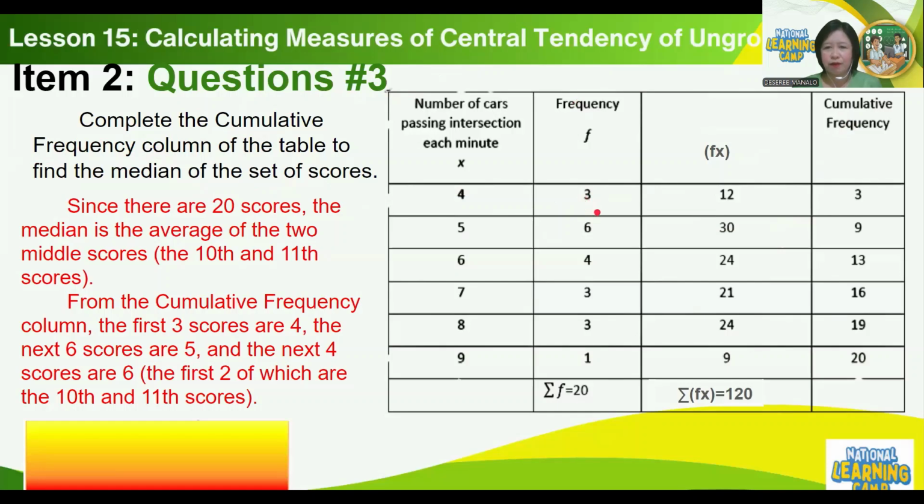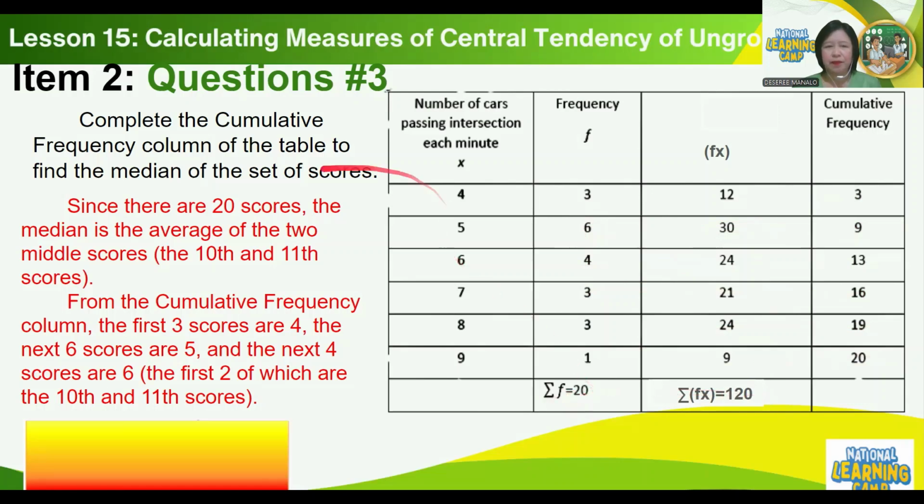Start from 3, so you write 3, and then 3 added to the next frequency, which is 6. 3 plus 6 is 9. Then continue adding: 9 plus 4 is 13, plus 3 is 16, plus 3 is 19, and plus 1 we have 20.